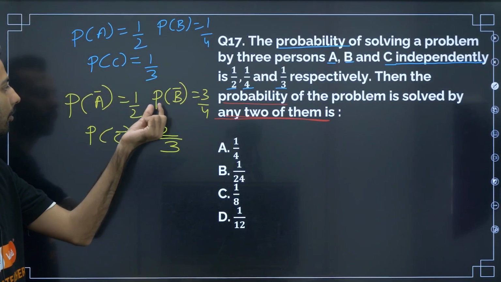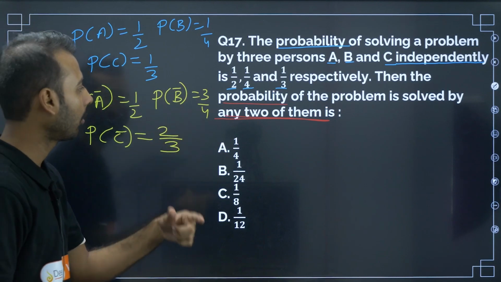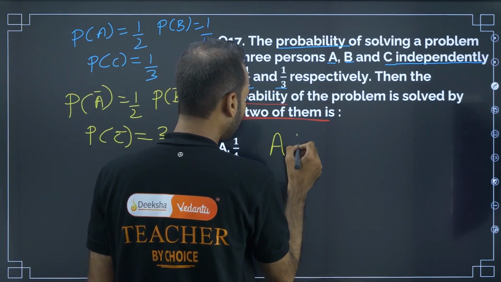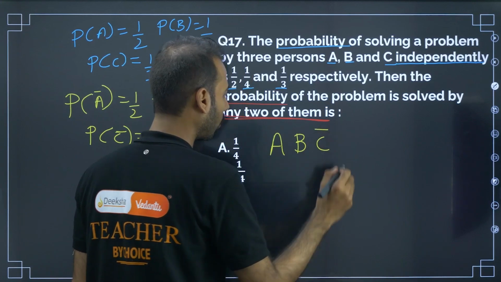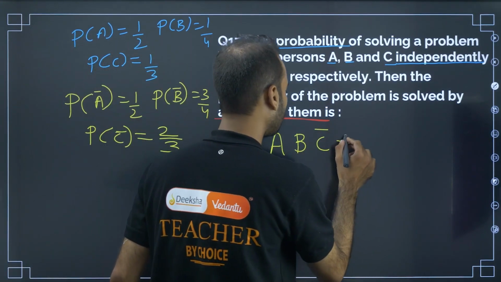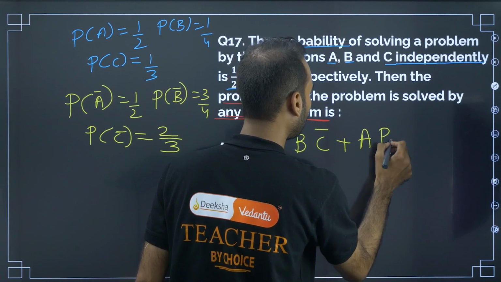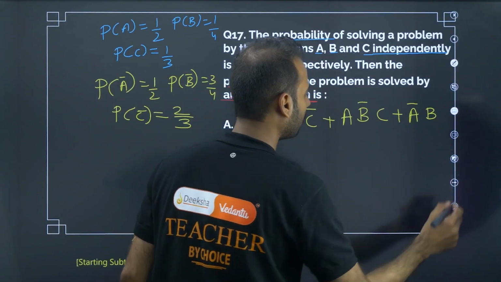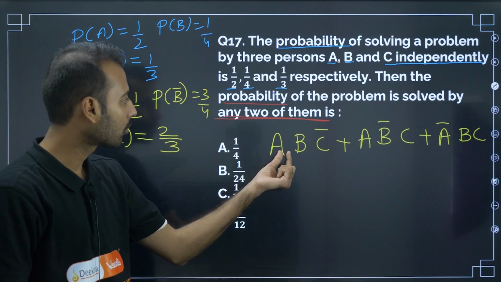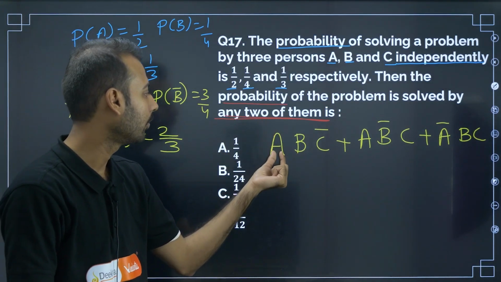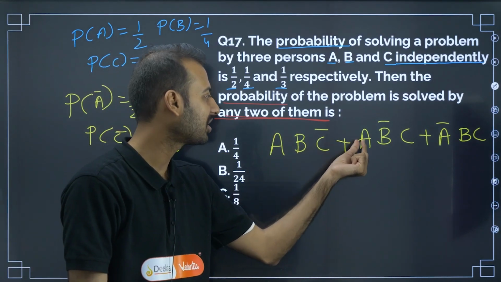Means A, B have solved, C has not solved. Next, A has solved, B has not solved, C has solved. Next, A dash, B, C. So at least two of them have solved. This and this solved, this not solved.